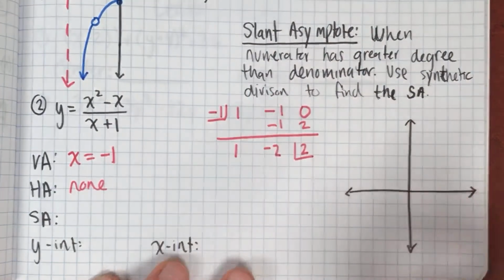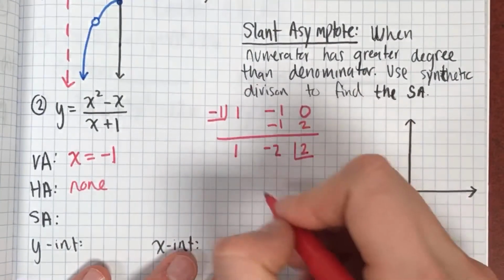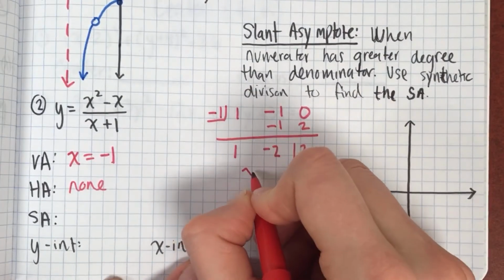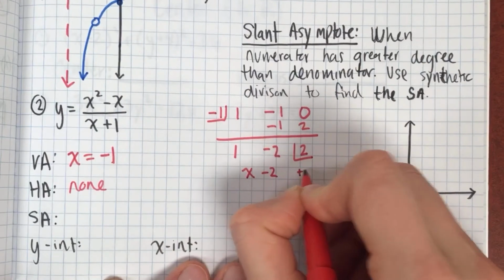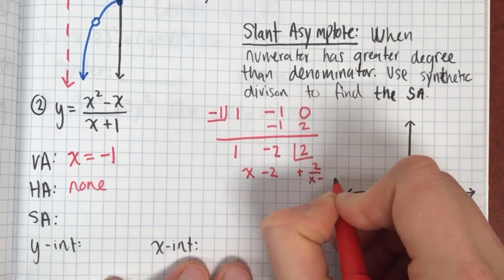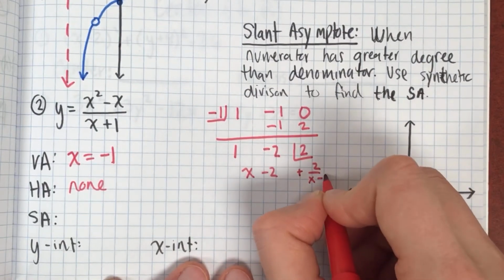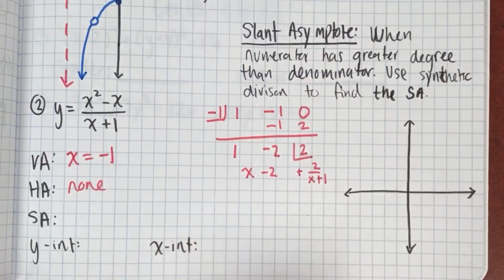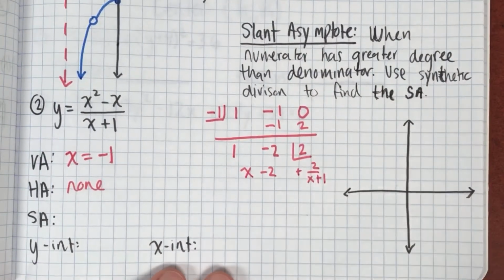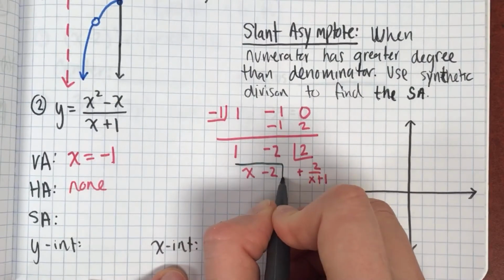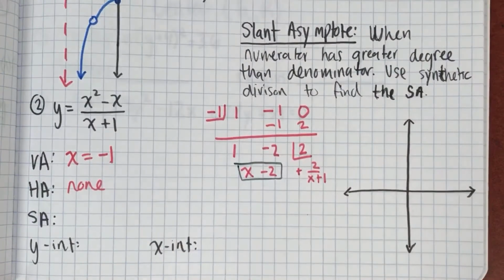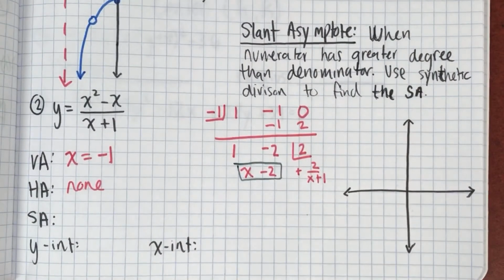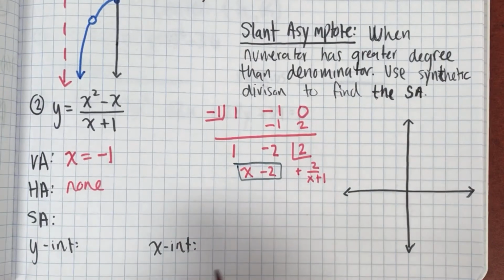After doing synthetic division, I've got x minus 2 plus 2 over x plus 1. Now our slant asymptote is just this first part. It's not going to include the remainder.